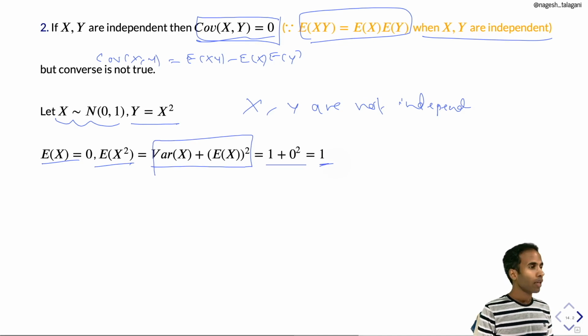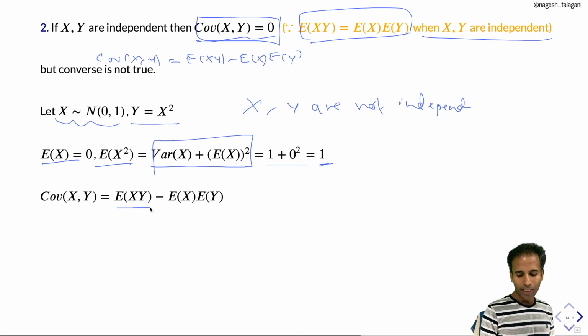Okay. Now the covariance of xy, that is what? Expectation of xy minus expectation of x times expectation of y. Left hand side we have expectation of x into x square. Right hand side expectation of x times expectation of x square.